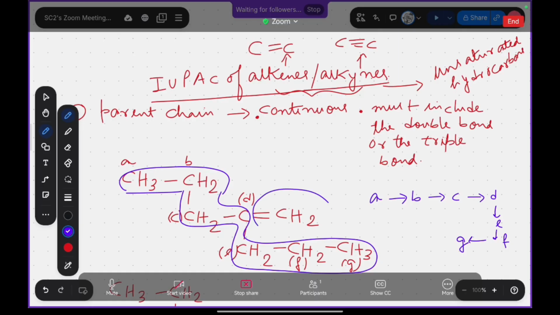That the double bond is not a part of the parent chain. The double bond comes under the side chain. That means this condition is not satisfied.